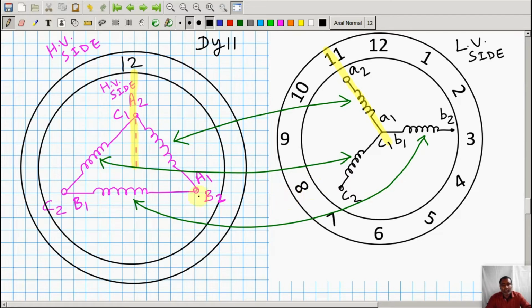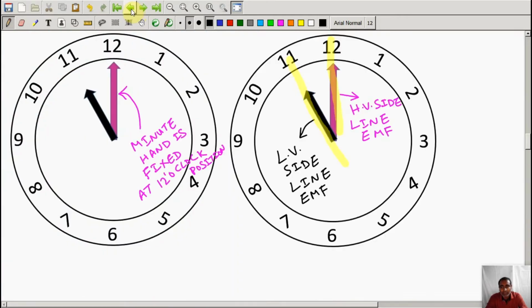Now after showing this, we need to demonstrate that there is indeed a phase difference of 30 degrees between the LV side and HV side line EMF. You can see here it is written 11 o'clock. Just saying there is a phase difference of 30 degrees is not going to satisfy many of us, because it leaves the question of whether it is leading or lagging.